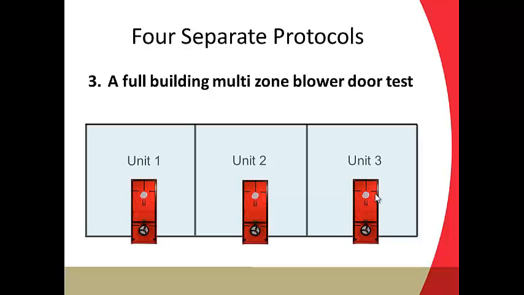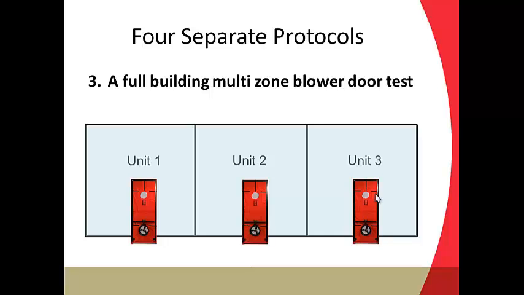So that gets away from issues of if you've got a crawl space or an attic space above the units, you turn on blower door fans in units 1 and 2, and you'll get leakage to the attic and connection with unit 3 through attic spaces or floor spaces.